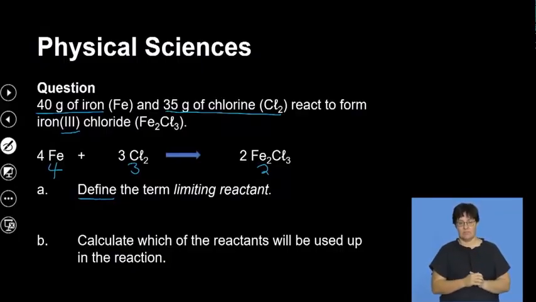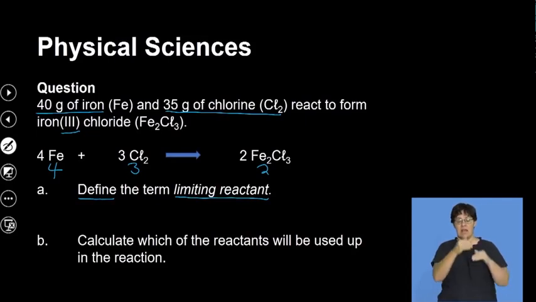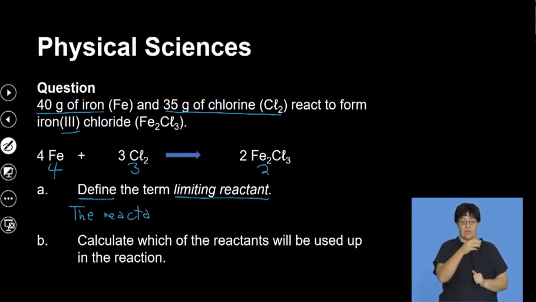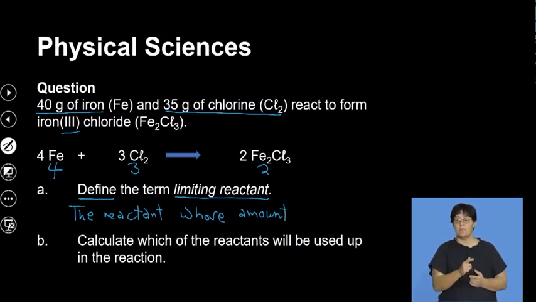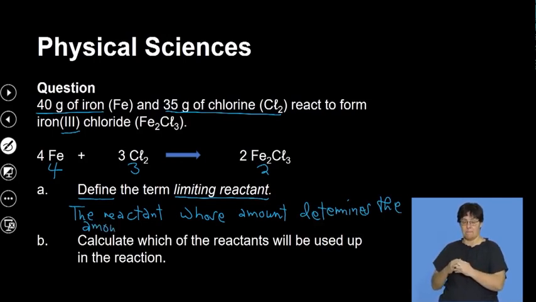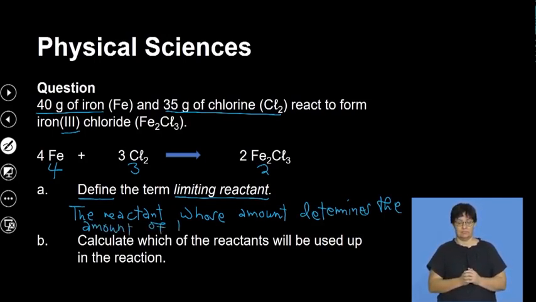So, the definition of the term limiting reagent. What is a limiting reagent? This is the reactant whose quantity or amount determines the amount of product obtained in a reaction.